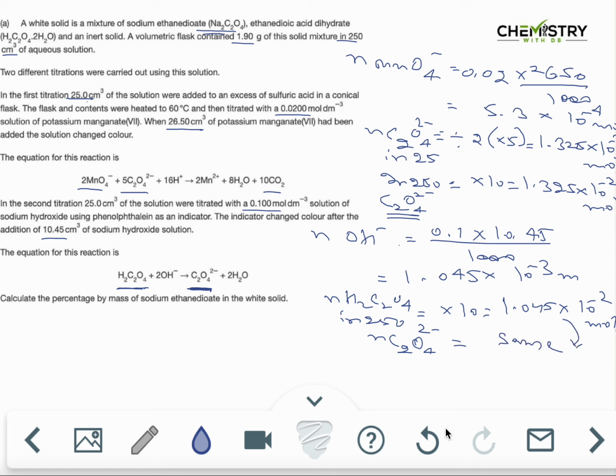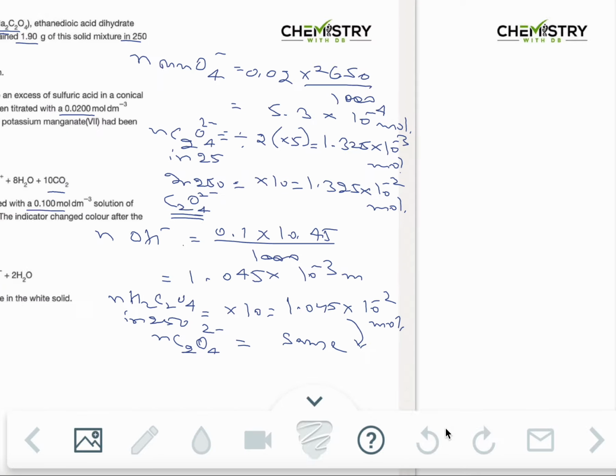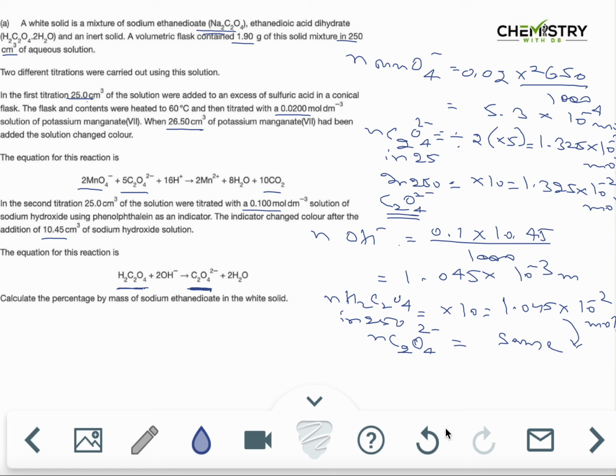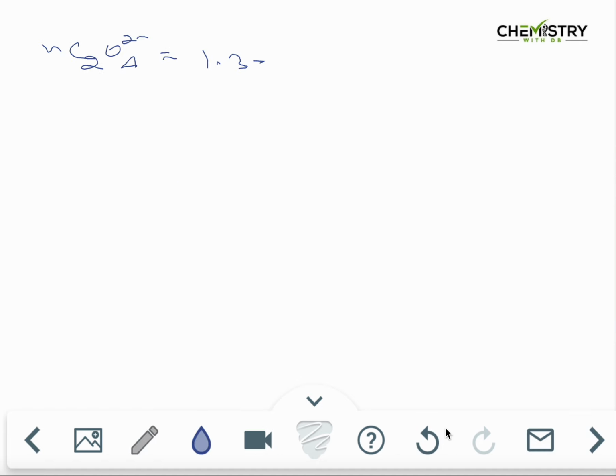Now let's see what we need to do further. The number of moles of C2O4 2- ions that we found from the first titration was 1.325 times 10 to the power minus 2 moles. That was the total ethanedioate ions, and some of these had come from the ethanedioic acid.